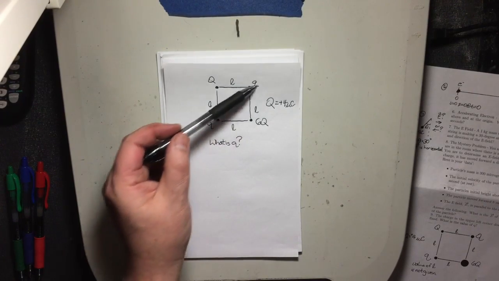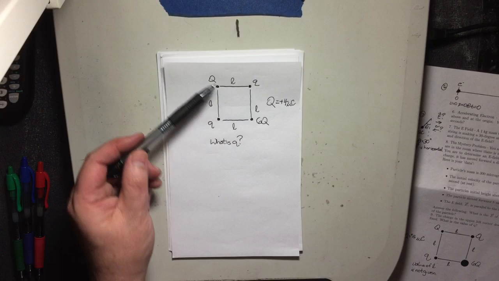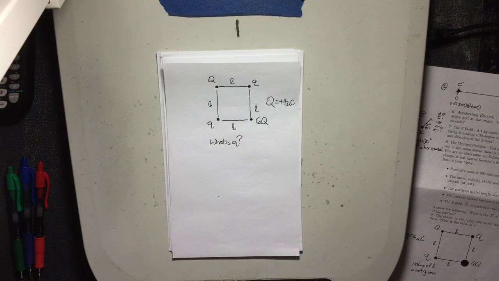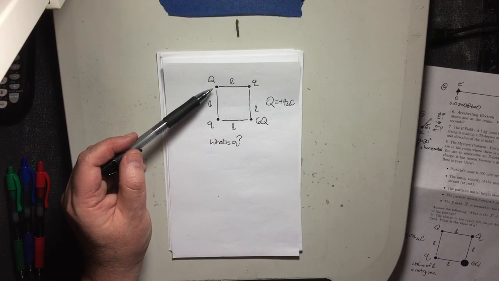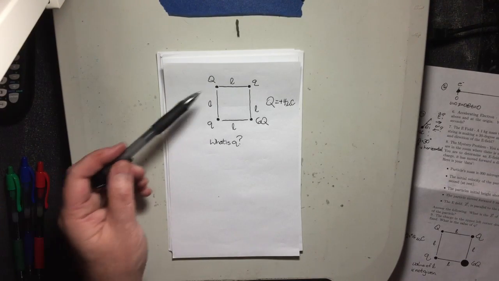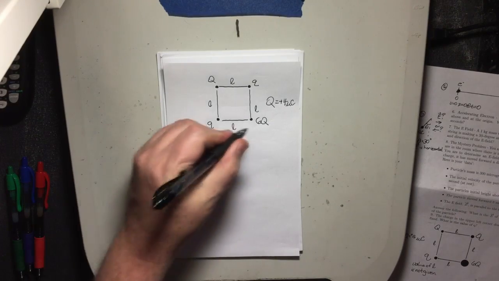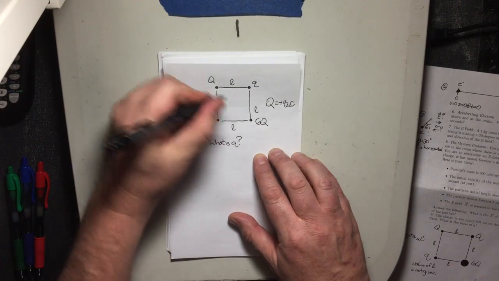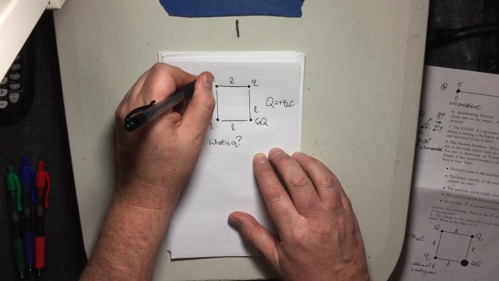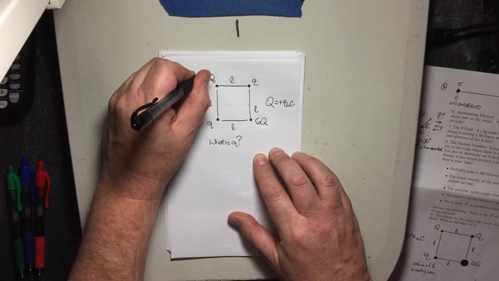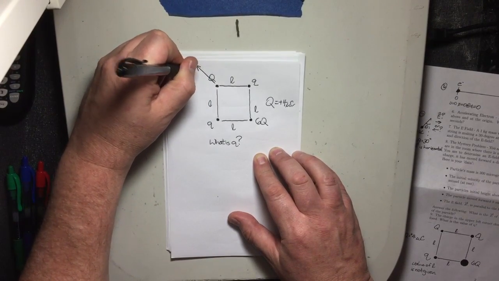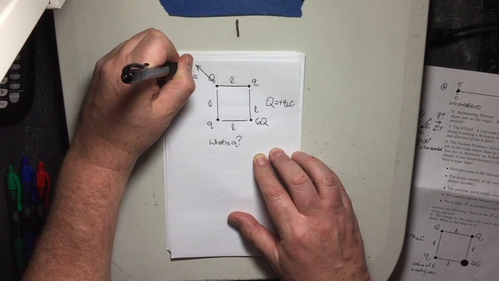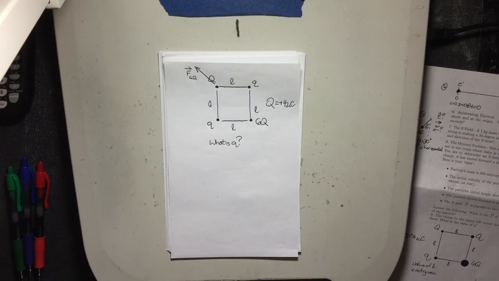If these two charges weren't here, let's only think about those two. Which direction would this upper left charge go? Up and to the left, correct. So the force on Q by 6Q is in this direction. Can you explain again how you know it's going up into the north?